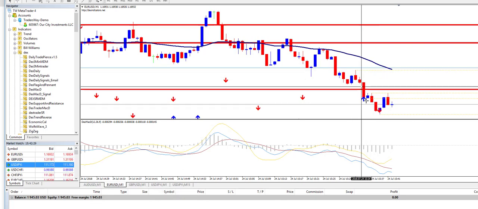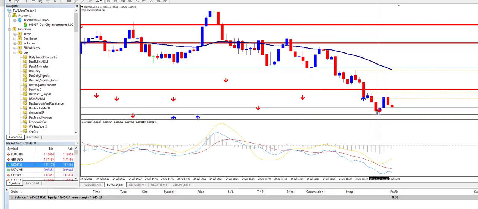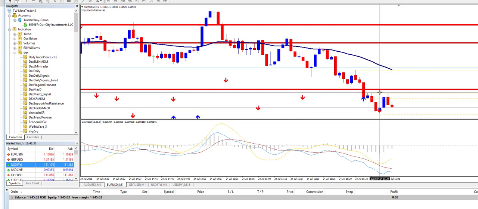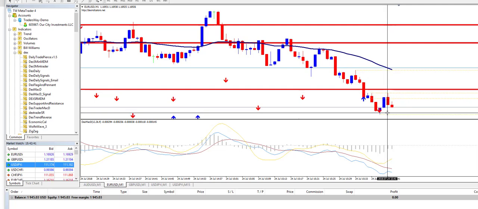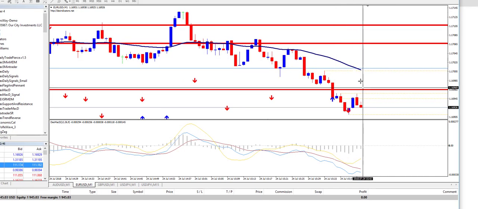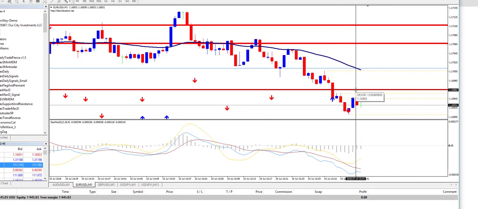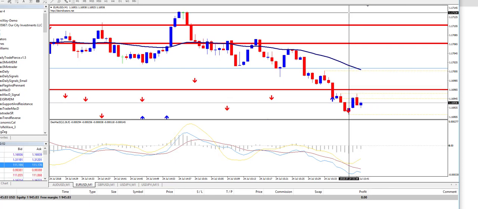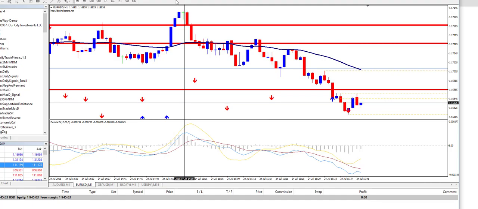Since we're heading down, that was this arrow right here. I didn't even see this arrow pop up. Probably should have paid more attention to it. This would have been that value in here. I don't think we would have used this signal, but it would have been 1696 on Nadex for Euro USD.